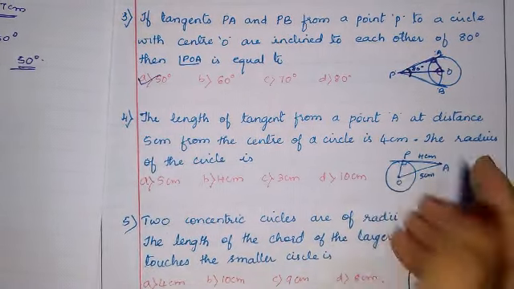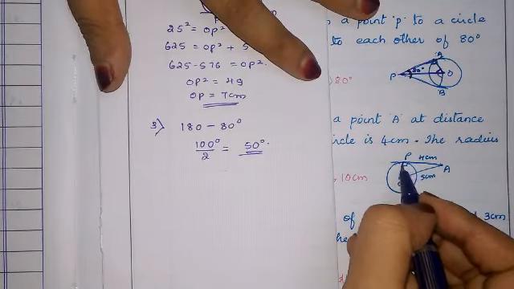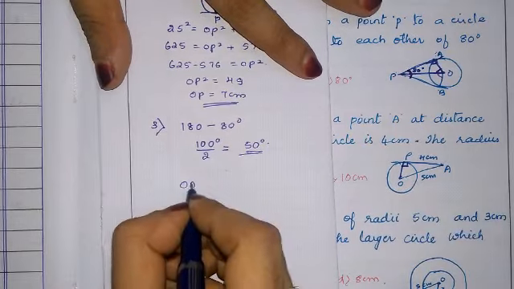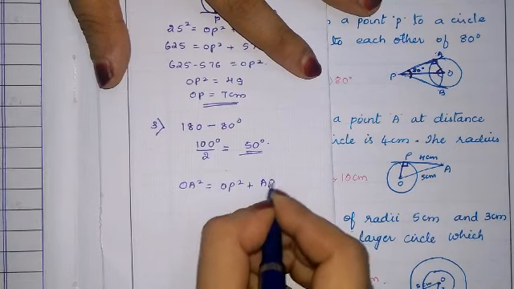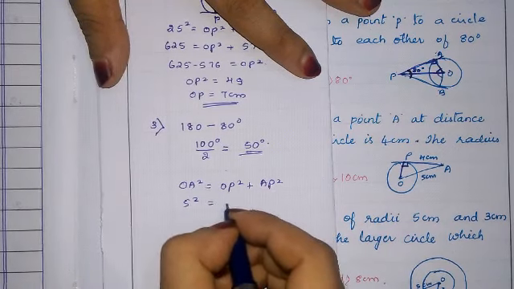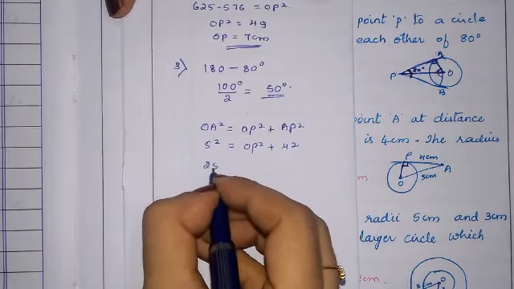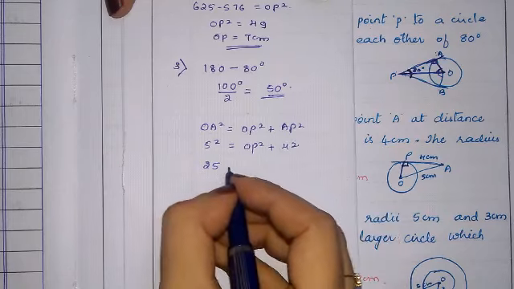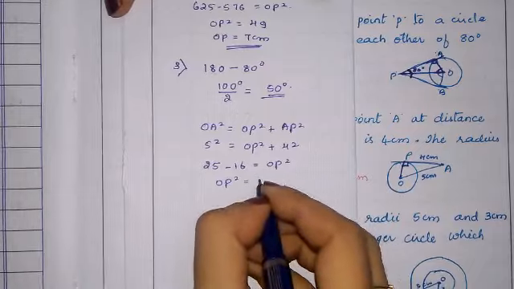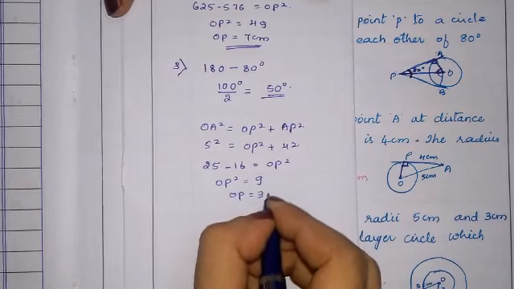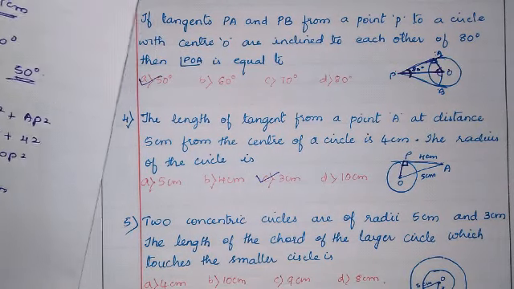The radius of the circle is OP. Here it is 90 degrees. So OA square is equal to OP square plus AP square. 5 square is equal to OP square plus 4 square. 25 minus 16 is equal to OP square. OP square is 9. OP is 3. So the answer is C, 3 centimeters.